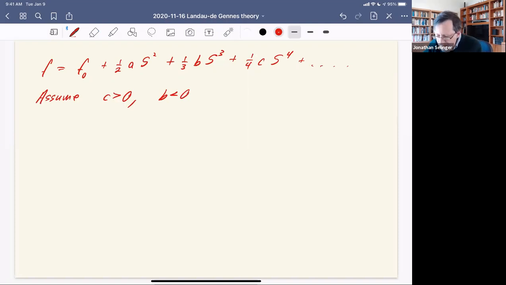The kind of plot that we get has to depend, of course, on A. So I'm going to try what happens for different values of A. Let's begin by supposing A is large and positive.